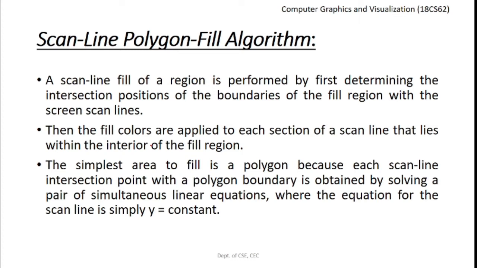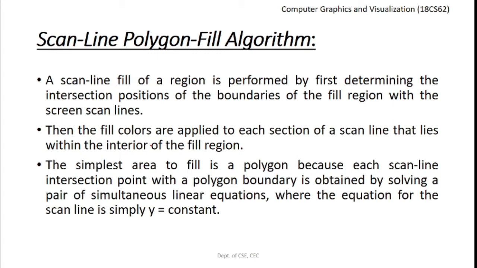Out of all the fill areas, which include circles, ellipses, and any other closed shape with curved boundaries, the polygon is the simplest area to fill because each scanline intersection point with the polygon boundary is found by solving a pair of simultaneous linear equations, where the equation for a scanline is simply y equals a constant. In simple terms, the polygon is the simplest area to fill because all the edges of the polygon are straight lines, right? So we can obtain the intersection of the scanline with the polygon boundary.